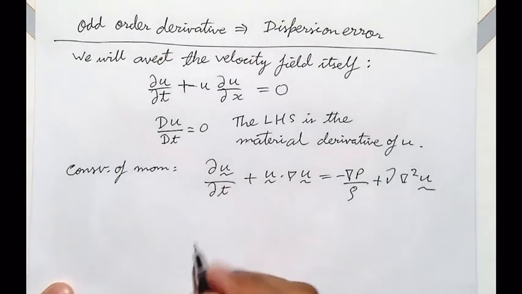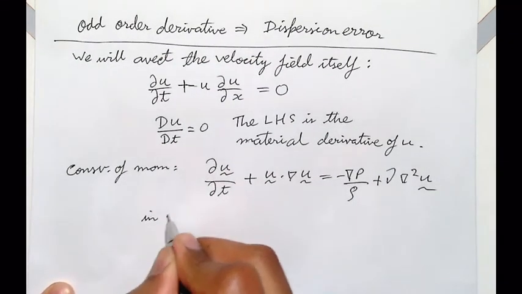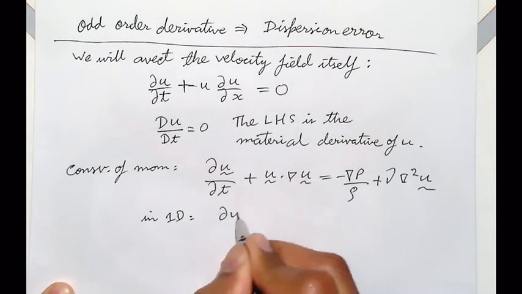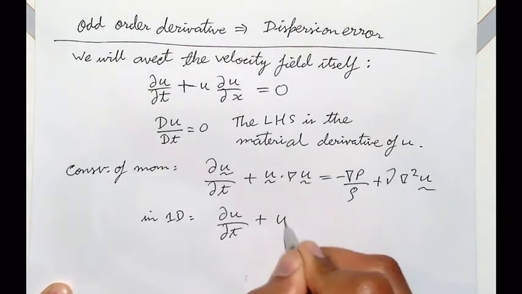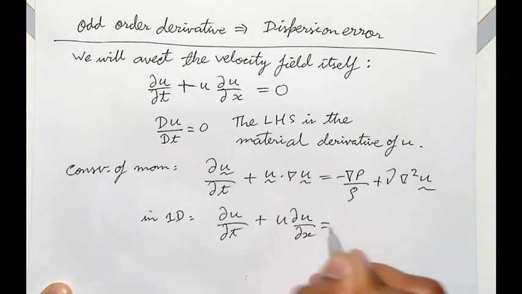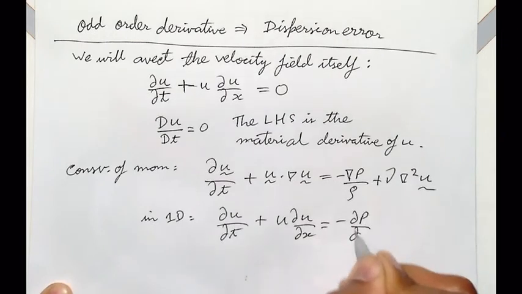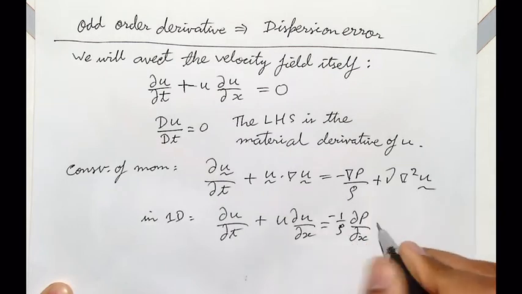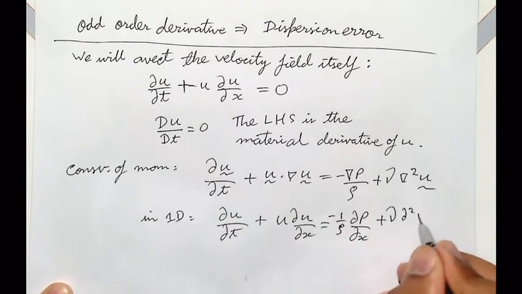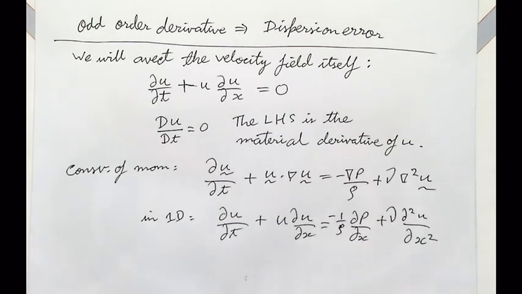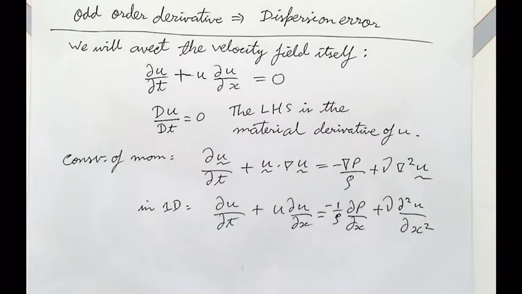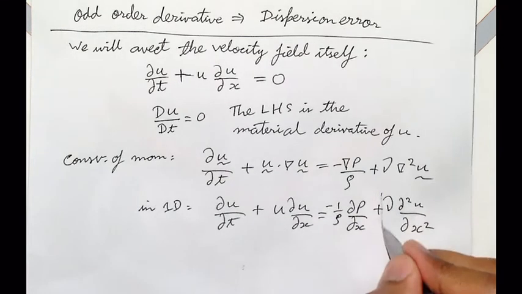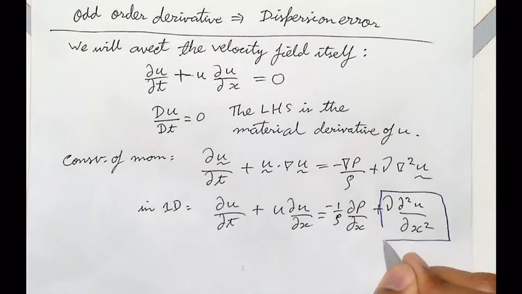So in 1D, this would look like ∂u/∂t plus u ∂u/∂x equal to minus ∂p/∂x, and there's a 1/rho here, plus nu ∂²u/∂x². Okay? So you're beginning to see that this full complicated Navier-Stokes equation is actually made of things that now we know how to solve.